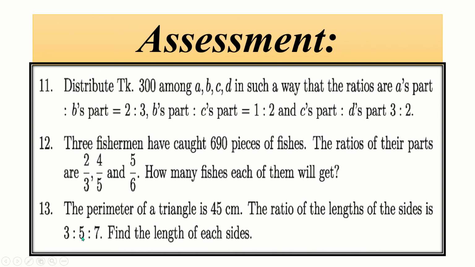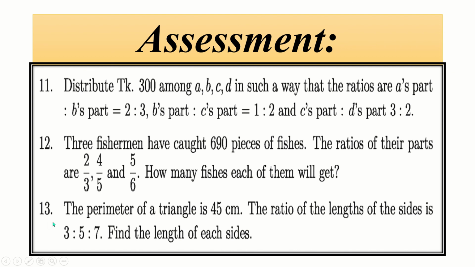At first we let the length of each side of a triangle be 3x centimeter, 5x centimeter and 7x centimeter. According to the condition, 3x plus 5x plus 7x is equal to 45. From here we'll get the value of x.